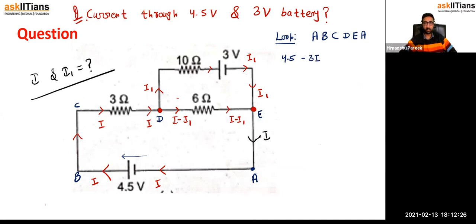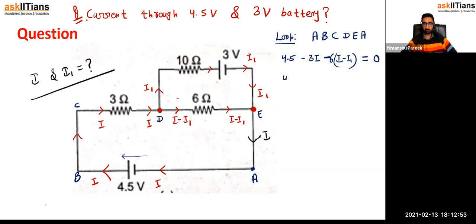Then you go from D to E. That's a loop for you. Now again, you're walking in the direction of current. So minus IR. Here the current is I minus I1 and resistance is 6. And then you go from E to A. No potential difference because it's a plain wire. So you started from A and you came back to A. Total sum will be 0, from Kirchhoff voltage law.